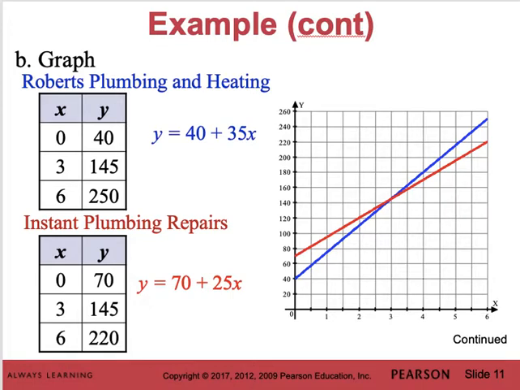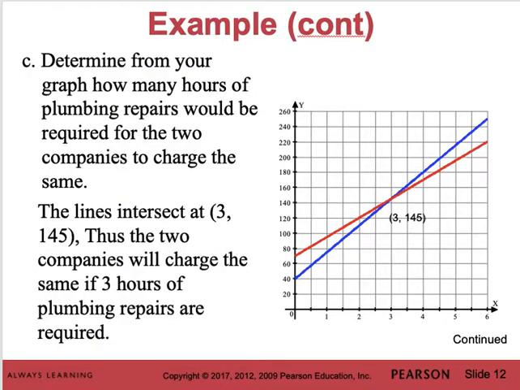So we'll fill in a table of values, 0, 3, and 6, find our value of y, graph our two lines and figure out where they intersect. They intersect at 3, 145. Therefore, the two companies will charge the same if 3 hours of plumbing repairs are required.